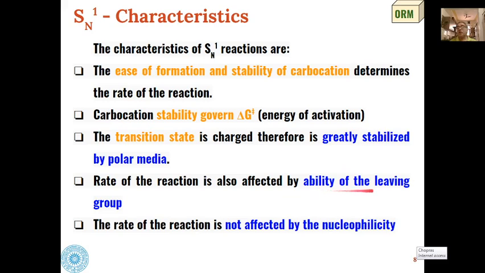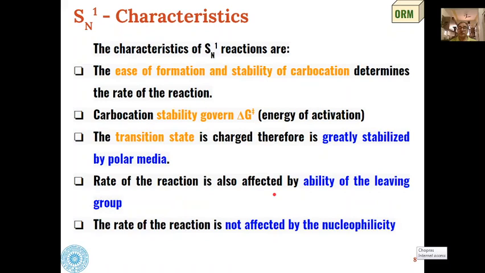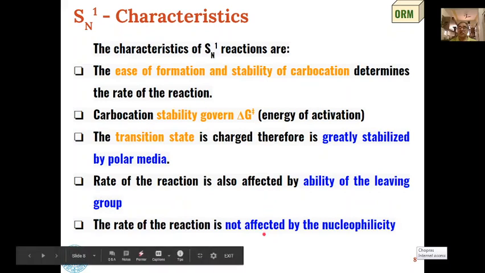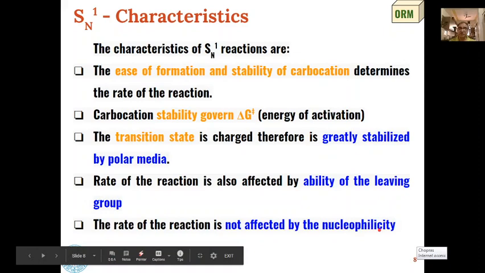Then the ability of the leaving group will also determine the rate of this reaction. Because in the first step, which determines the rate of the reaction, the nucleophile is not involved, there will be no effect of the nucleophilicity of the nucleophile on the rate of the reaction. So that means SN1 type of reactions are independent of the effect of nucleophiles.